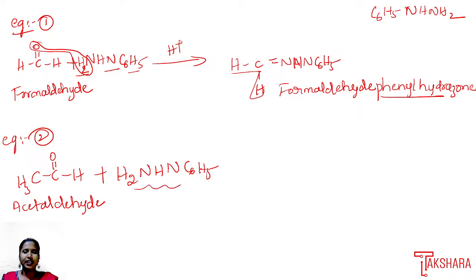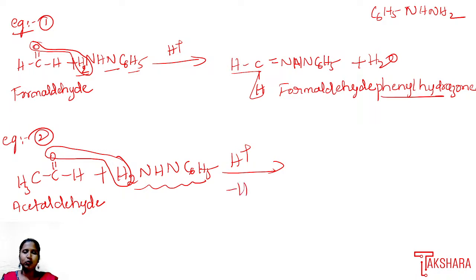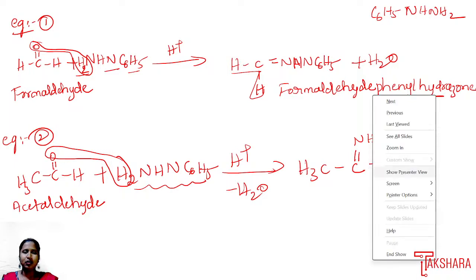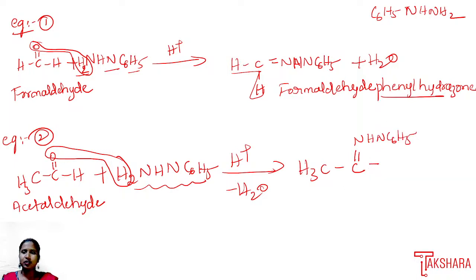Again a water molecule is going to be removed in the acidic medium, so we get CH3 C double bond N NH C6H5, and again a hydrogen atom is attached.